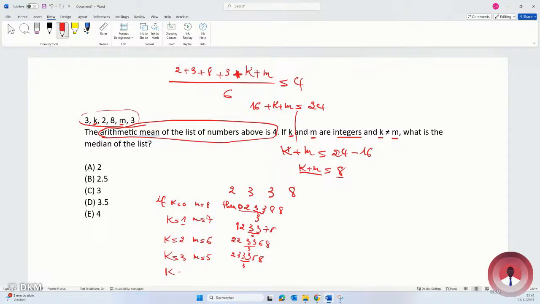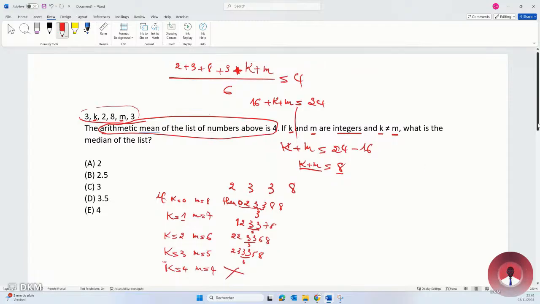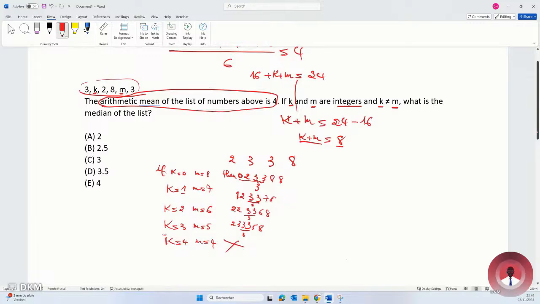But we can't have k equal 4 and m equal 4, because it says k is different from m. So this is not possible. Okay?